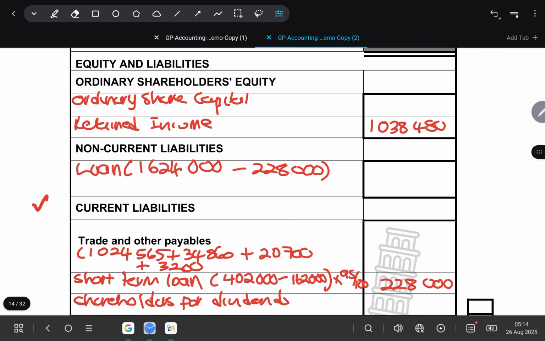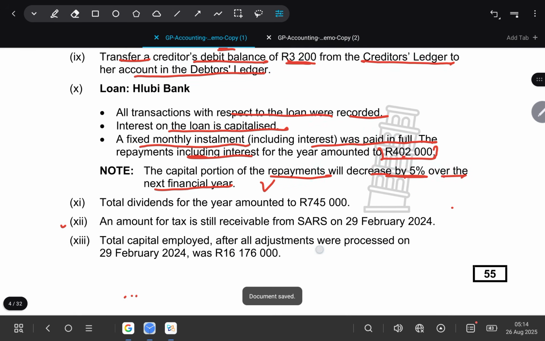So if we say 1,624,000 minus 228,000, we'll be left with 1,396,000. Then at least you have gotten some marks here, you see. Now let's go to the next one.